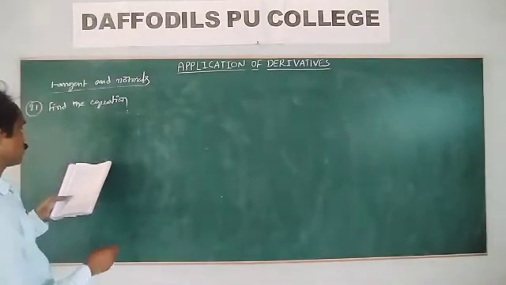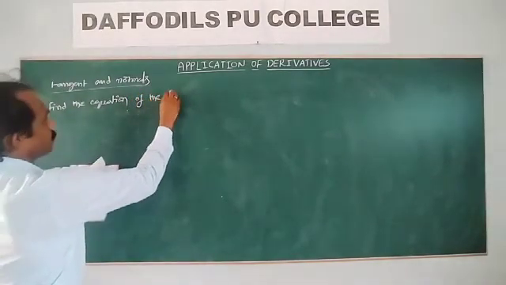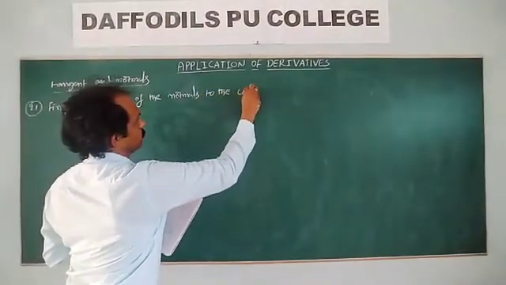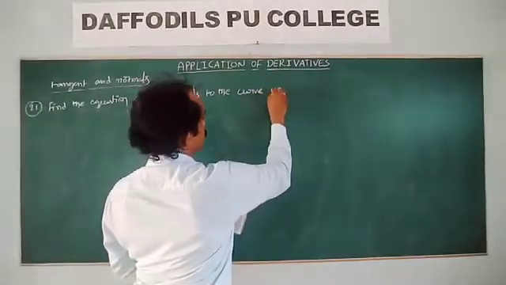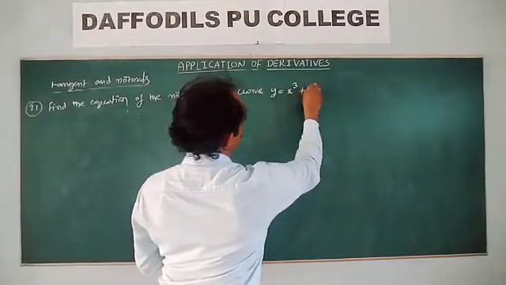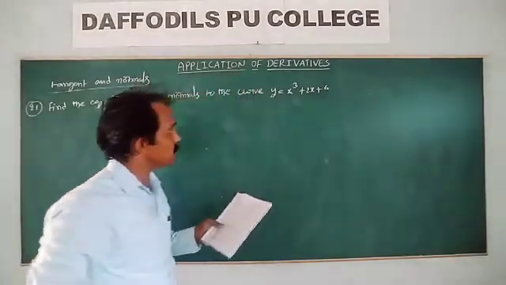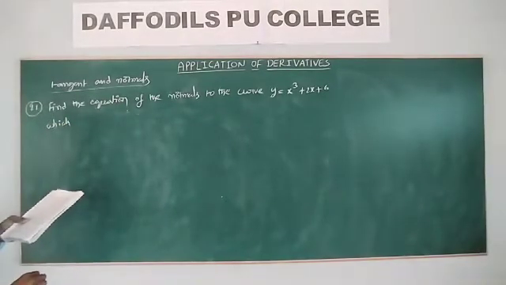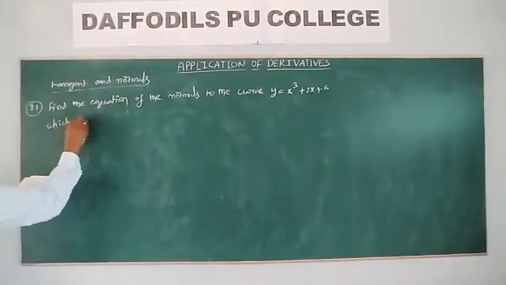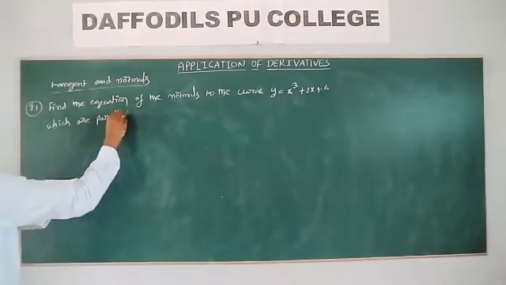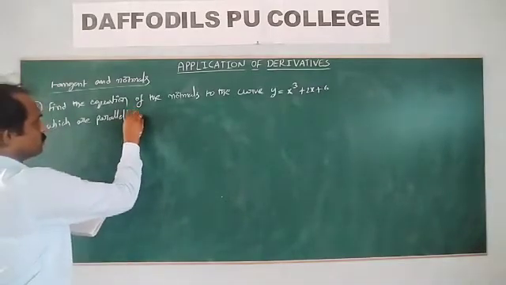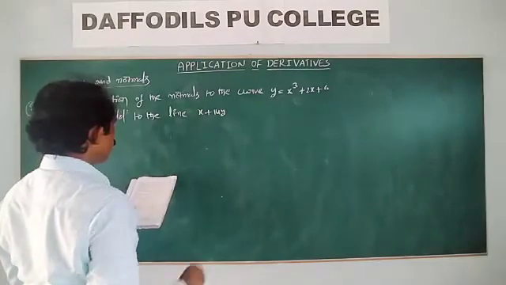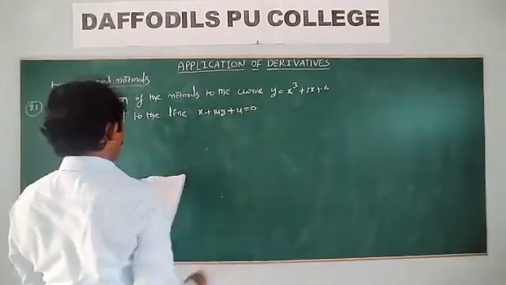Find the equation of the normals to the curve y is equal to x cube plus 2x plus 6, which are parallel to the line x plus 14y plus 4 is equal to 0.